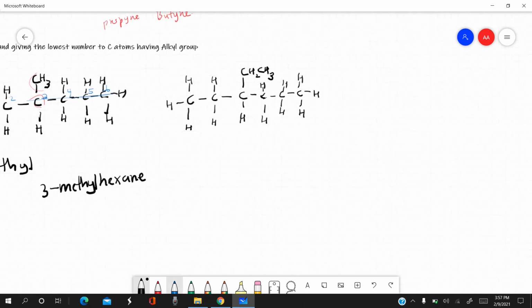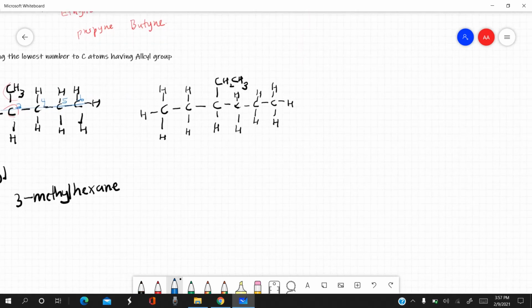And the next part is, let's consider this. We have to select the longest carbon chain. Here the longest carbon chain is here 1, 2, 3, 4, 5. This is not the longest one. So let's see this: 1, 2, 3, 4, 5, 6. This is the longest one. So we have to give the lowest number to this carbon because the alkyl group is attached to this.